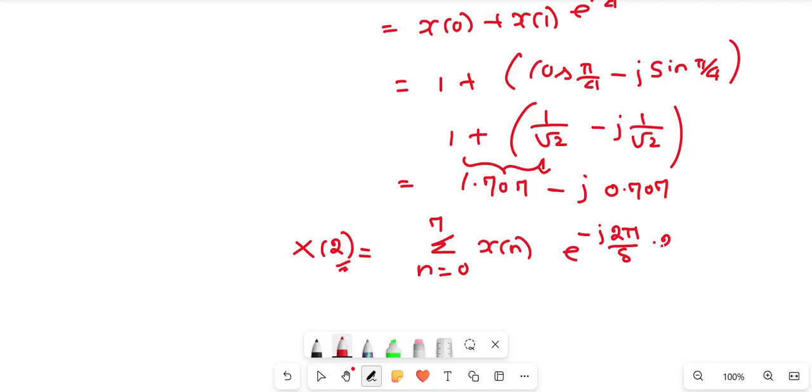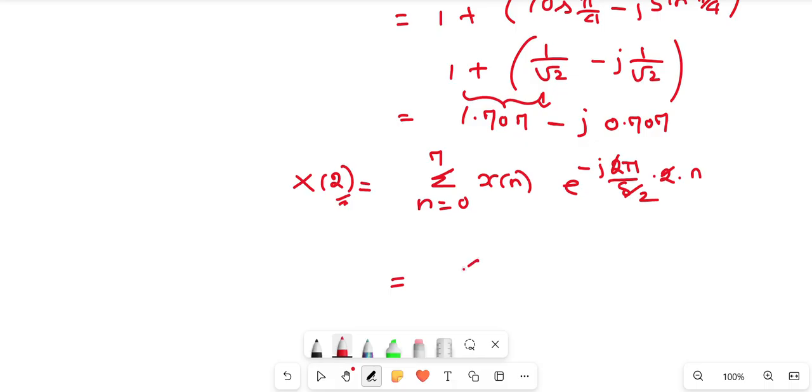So 2 into n: 1 4, 1 4s are 4, 2 4s are 8. You can simplify to x of n into e power minus j pi by 2 into n.